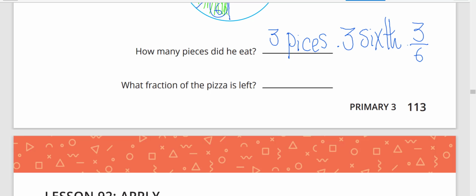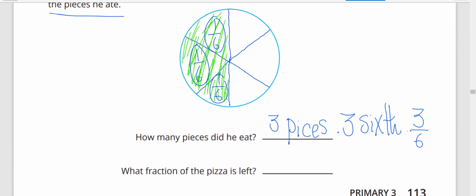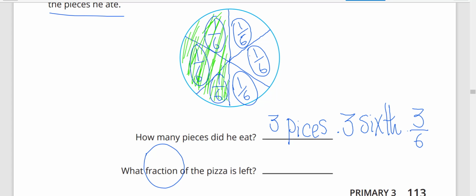What fraction of the pizza is left? He ate 3 sixths. How many pieces are left? 3. The fraction of these pieces: each piece is a sixth. So the fraction of pizza left is what?